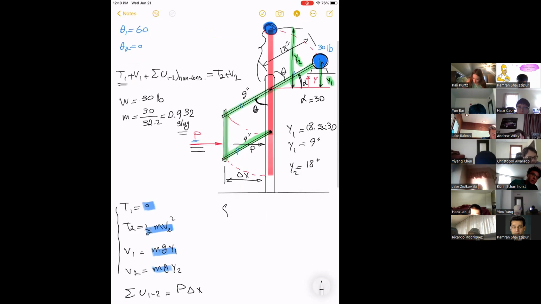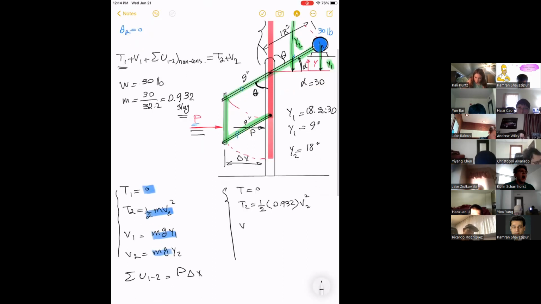So I'm going to substitute the values here. T1 is still 0. T2 is half times 0.932 times v2 squared. V1 is mg, which is 30 times 9. Now, this is 9 inches. Should I keep inches or should I turn it to feet?